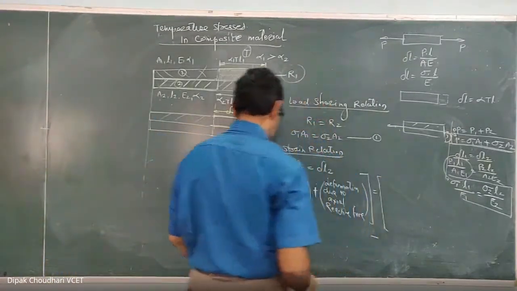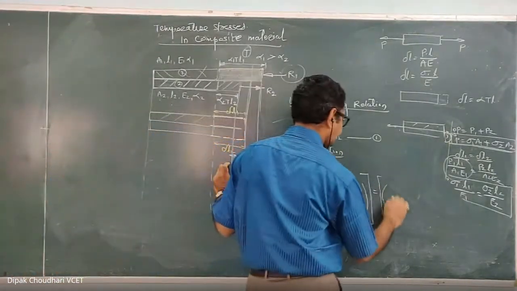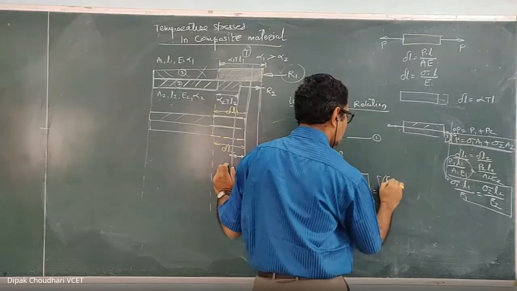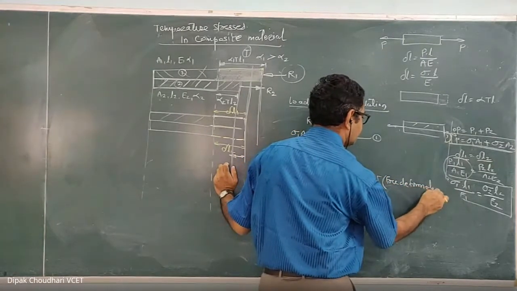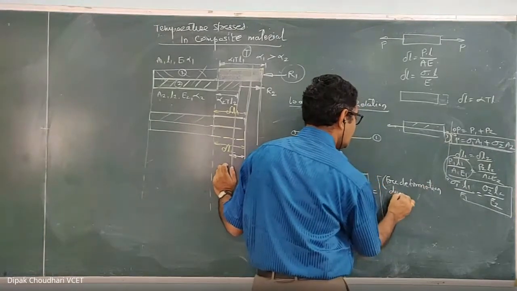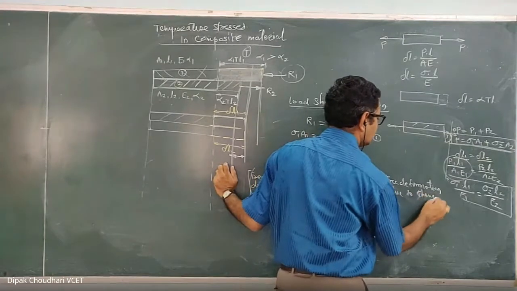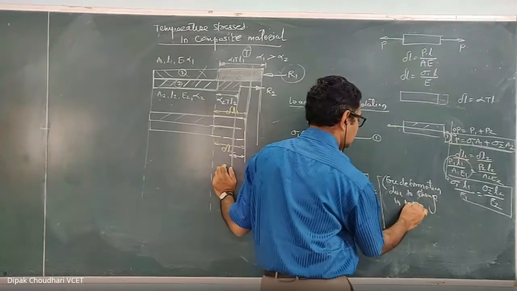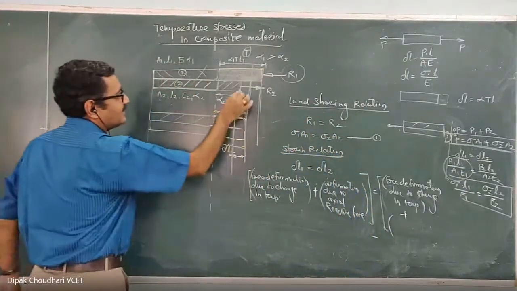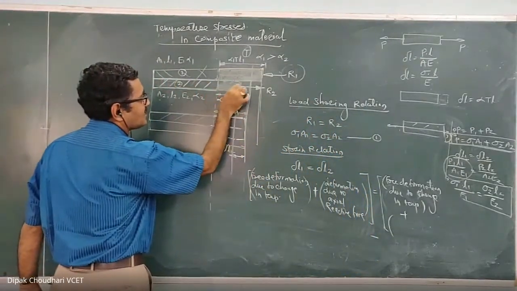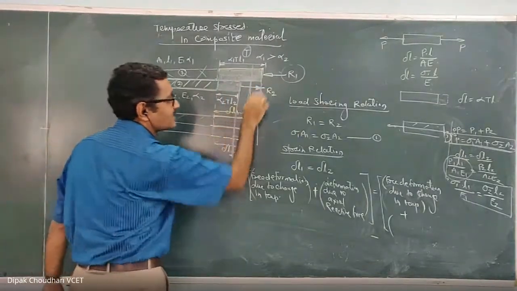Same two components. Free deformation due to change in temperature, plus another component. Now look, this is the free deformation because of the change in temperature, but the final deformation is different from that because of this reactive force.